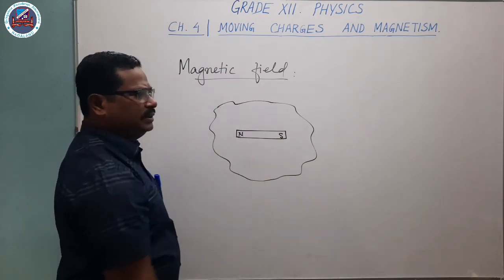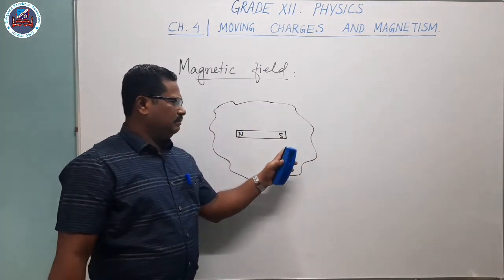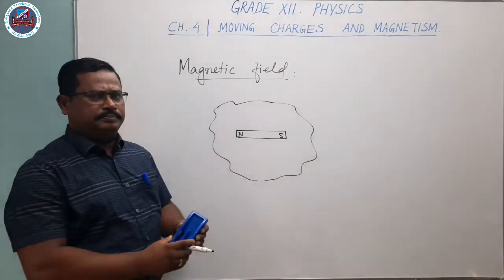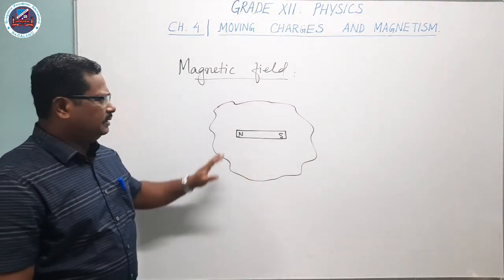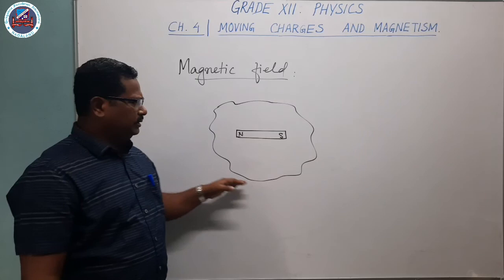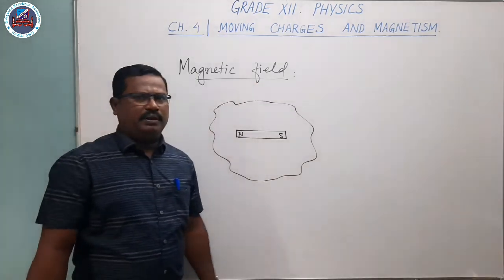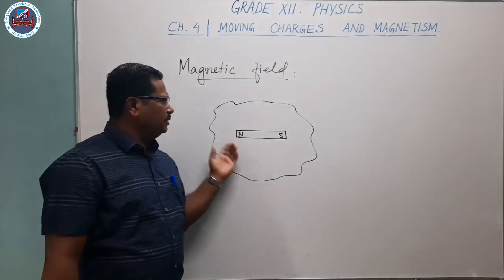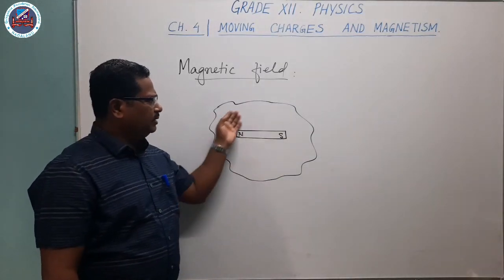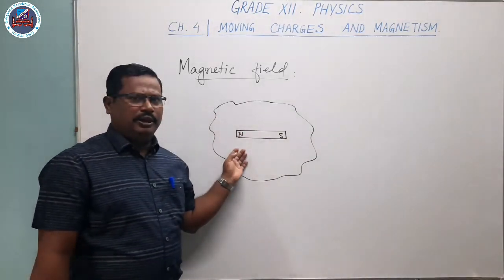This is not the exact field of a magnet, but I am just giving you the idea that there will be a boundary or a certain region around which the magnetic effect can be felt. That region we call the magnetic field.